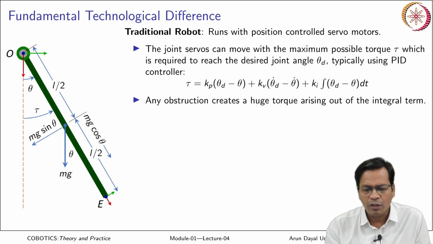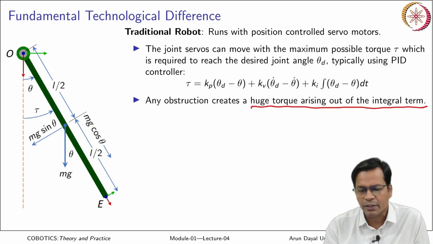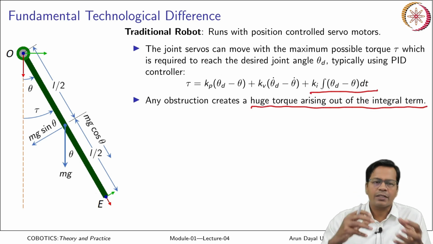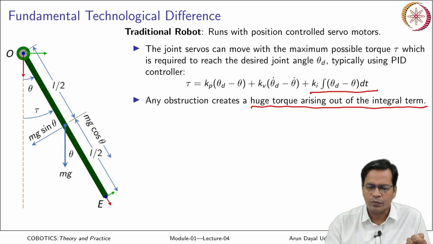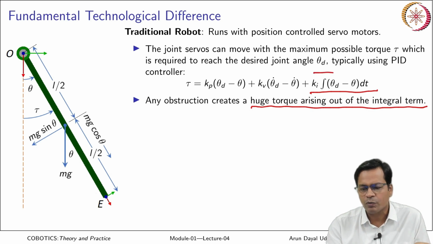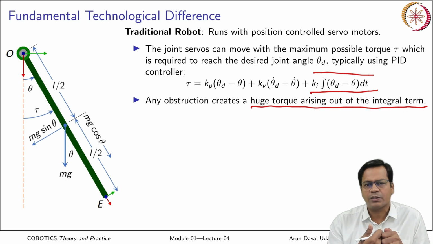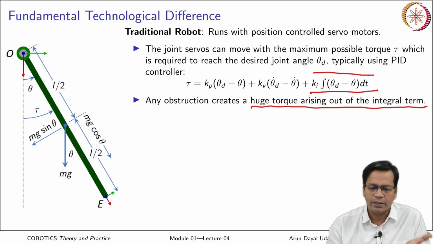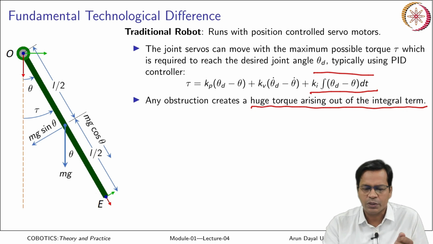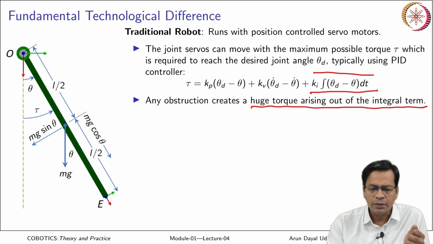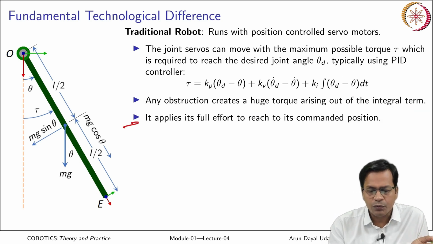Any obstruction creates a huge torque arising out of the integral term. If the error remains for a longer amount of time, the error integrated over a period of time creates a huge amount of torque and current at the joint. So this is bad for the robot joint, that is, for the actuator or the motor. And it applies its full effort to reach the commanded position, that is the desired position.